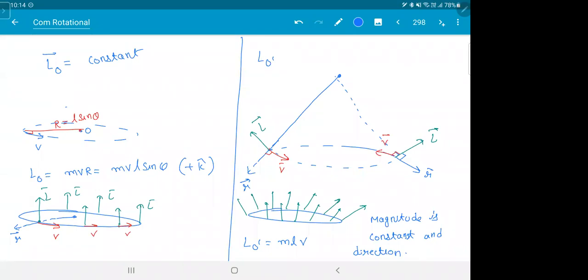So normally that is how you calculate angular momentum for a particle. Those are all the different variations. You're just playing with the R cross MV.